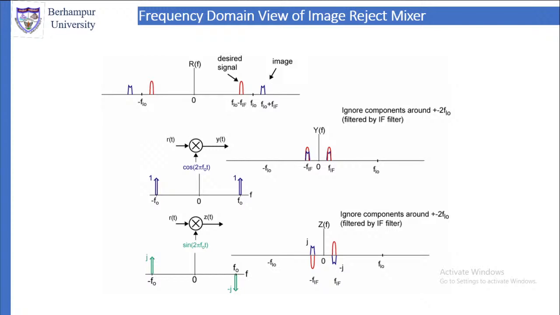If you multiply them with the original RF signal, then what you will get is the figure shown on the right hand side, because one is downward, minus j. So the image will be towards the bottom one. Similarly, at f0 the plus j is upward, therefore the image will be in the upward direction. Here again you ignore the components around plus minus 2 FLO.